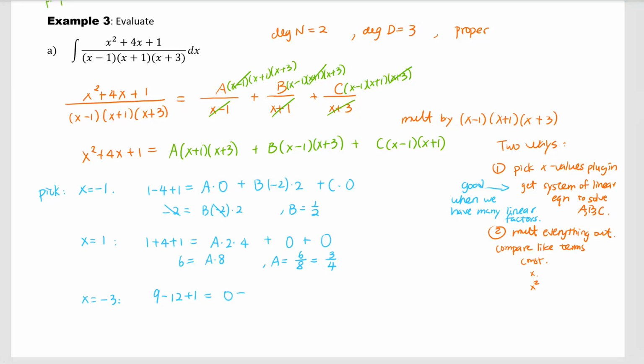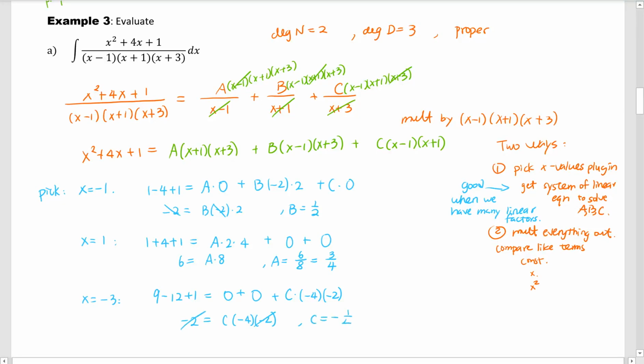B is also multiplied by 0. And for C, -3 minus 1 is -4. -3 plus 1 is -2. On the left, we have 10 minus 12, which is -2. And on the right, we have C times -4 times -2. The -2 cancels. So C is -1/4.